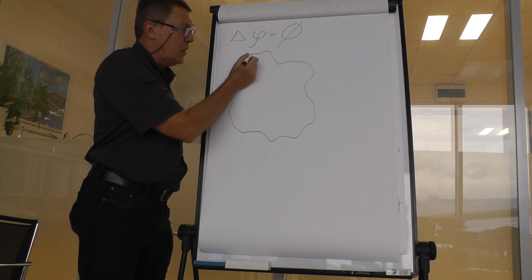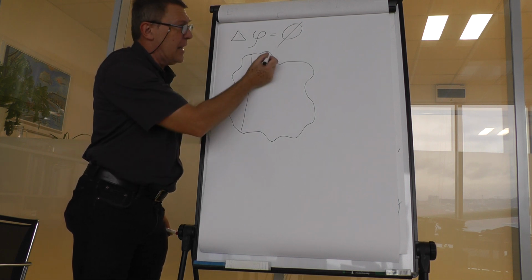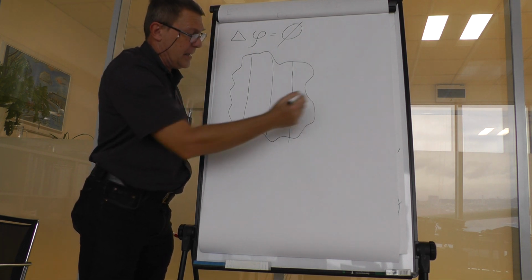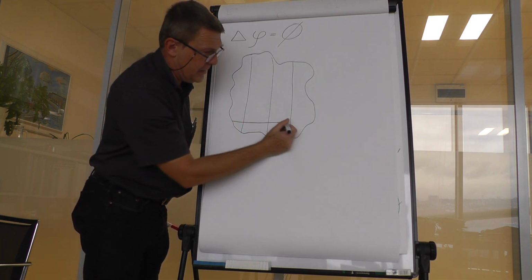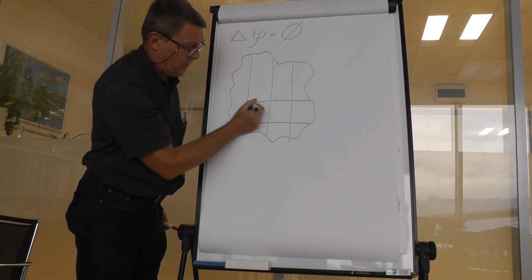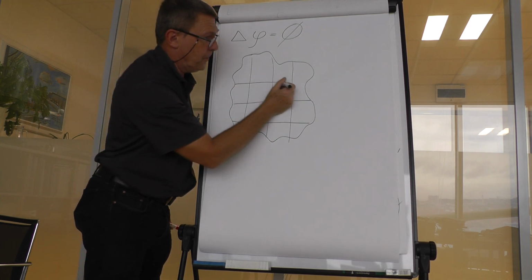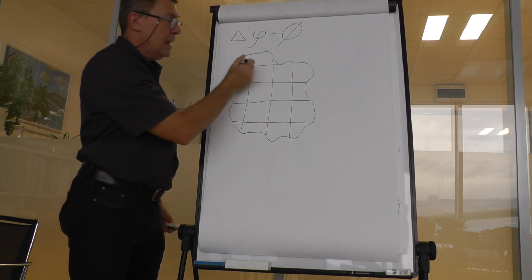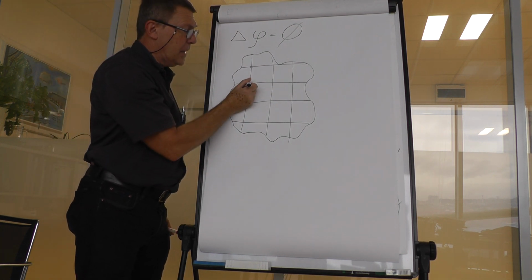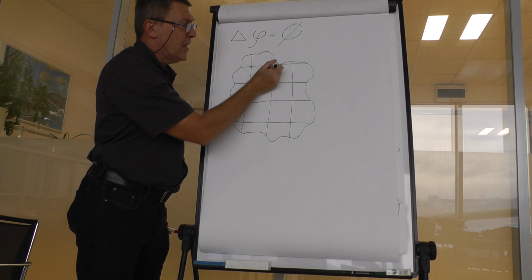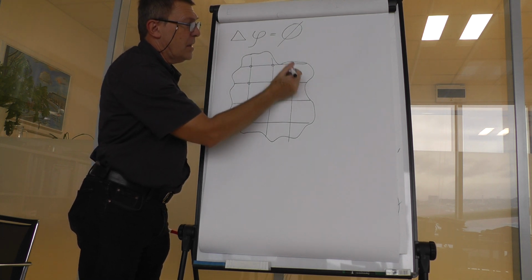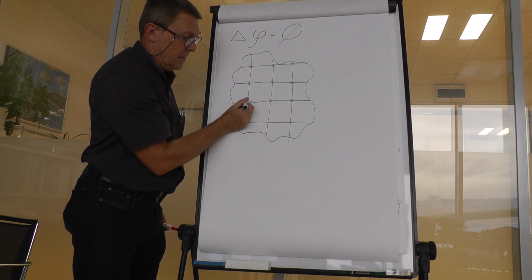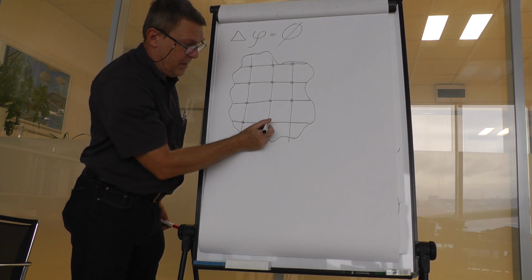But what we can do is just cut the area by a set of cuts. Let's start with cuts that are equidistant. And now let us consider only the values of the potential in the intersections of the cuts, let's say the grid points.